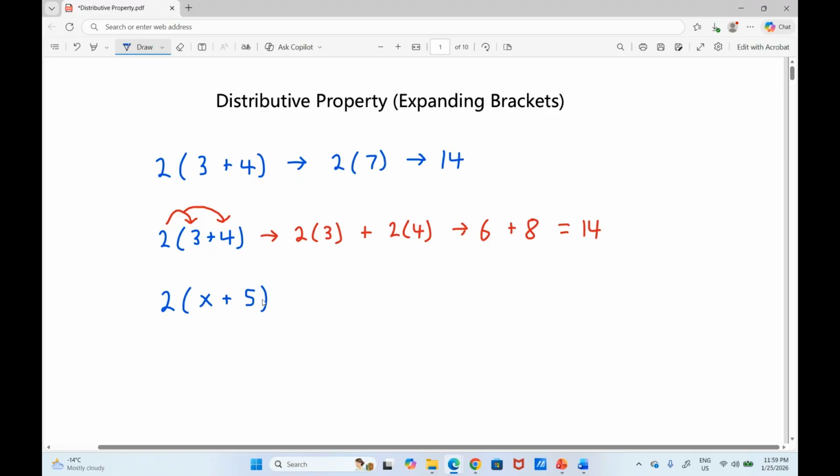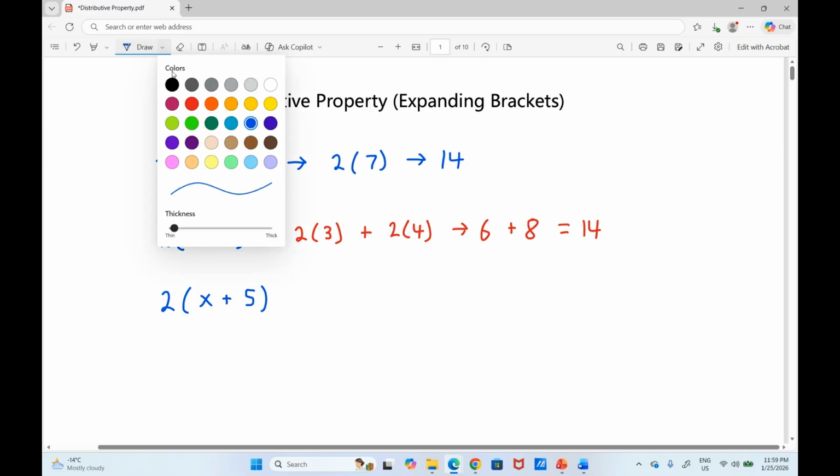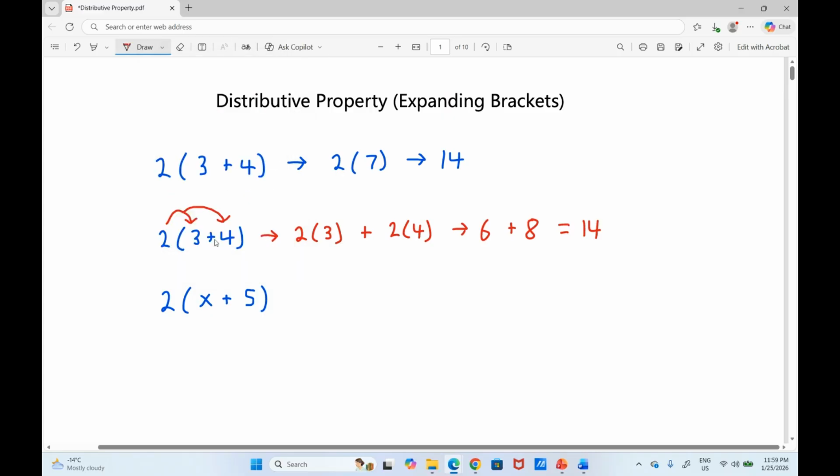So because I can't add x and 5 together, I'm going to simplify this using the distributive property. So I'm going to make it more simple. I'm going to multiply the 2 by every term that I have inside that bracket. So 2 times x and 2 times 5. What I'm going to get is, once again, 2 times x plus 2 times 5.